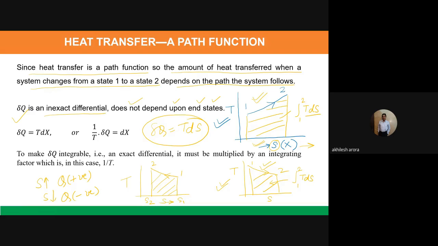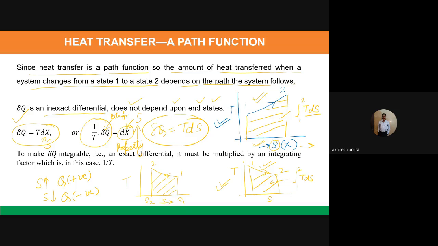Because it's a path function, it depends on the path which is followed, and this is the relationship which you need to remember. Or if I have to calculate dS, then I will get this particular equation, where this S is once again entropy. Now entropy, as you know, is a property, and this delta Q is a path function.